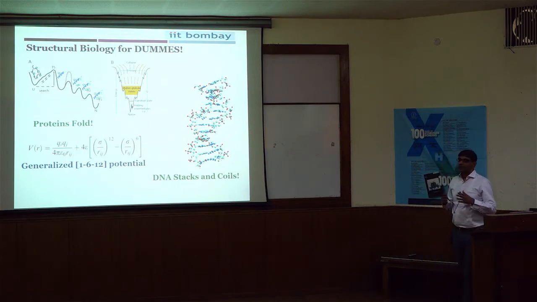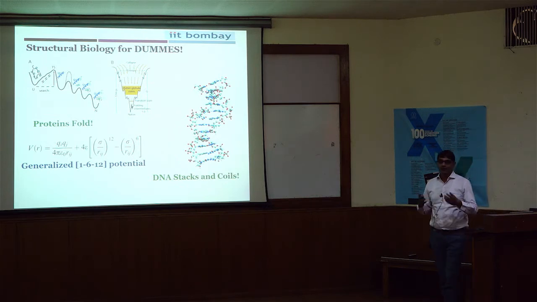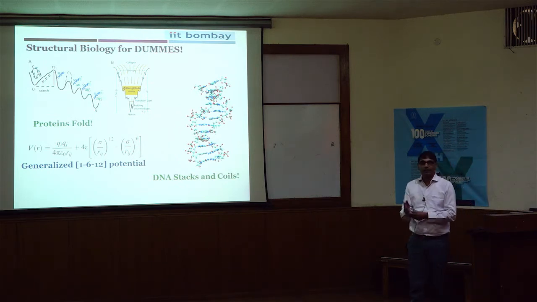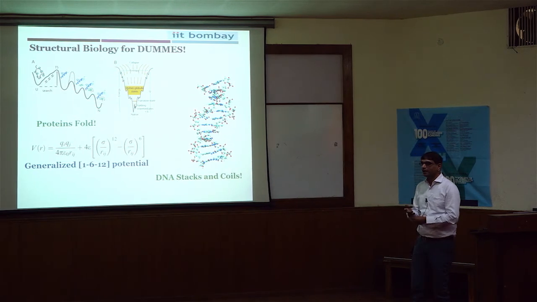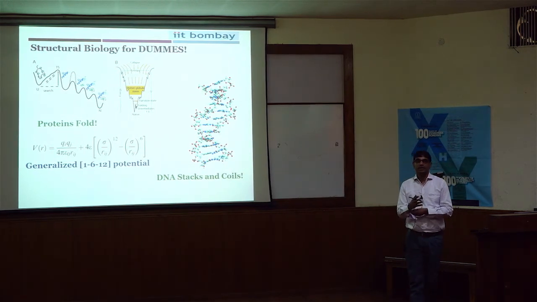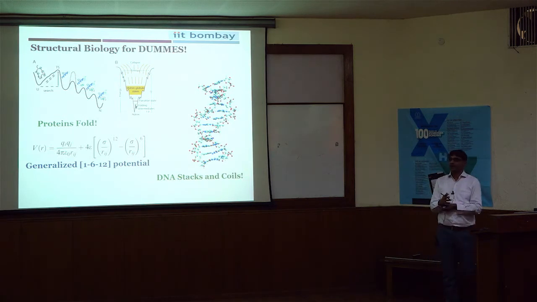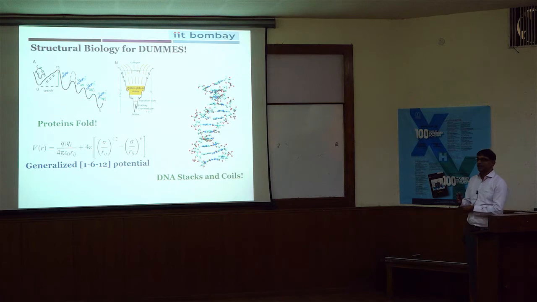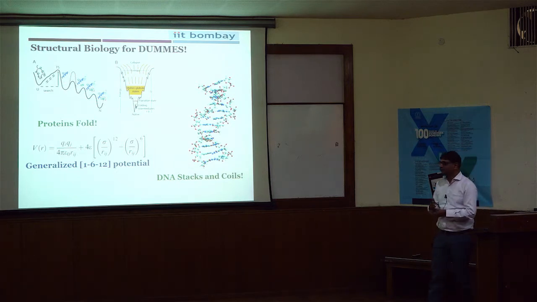So for a physical chemist, one could ask why proteins have the structure that they have, how they have evolved, and also why DNA stacks and coils, and what the underlying physical picture is. Today I hope to answer, or rather present our attempts to answer, why DNA stacks and coils.